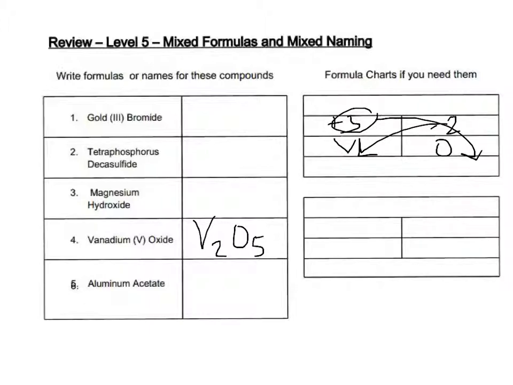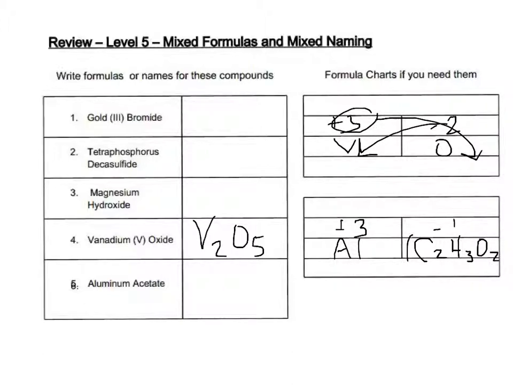Next we have aluminum acetate. We'll use the formula chart again because we don't have prefixes. We've got Al with a charge of +3. Acetate is a polyatomic ion, and it's C2H3O2. Charge is -1.